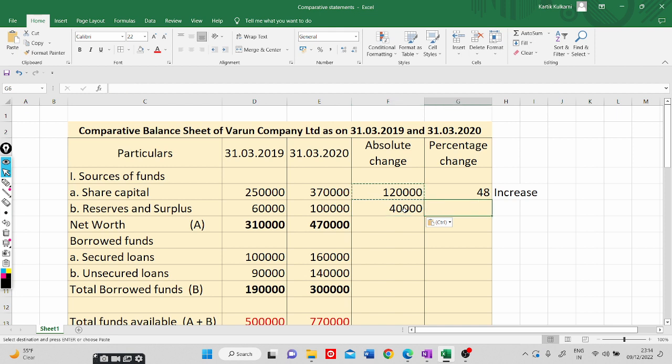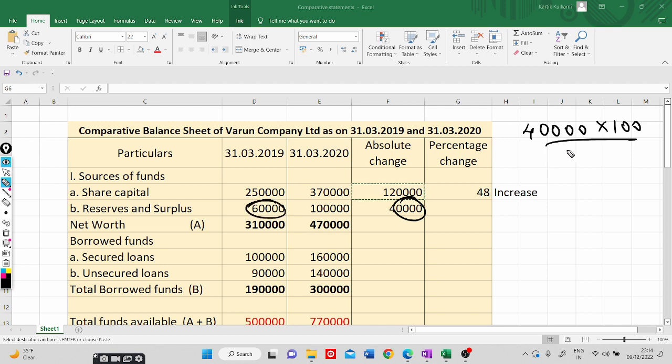And to calculate the percentage change, again we can calculate in this way: 40,000 into 100 divided by 60,000.